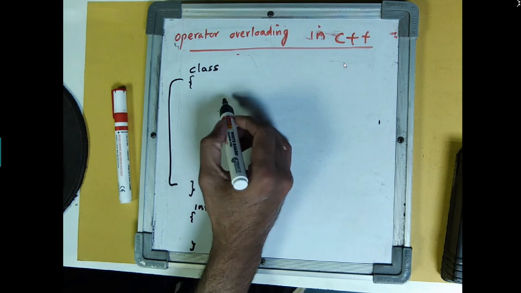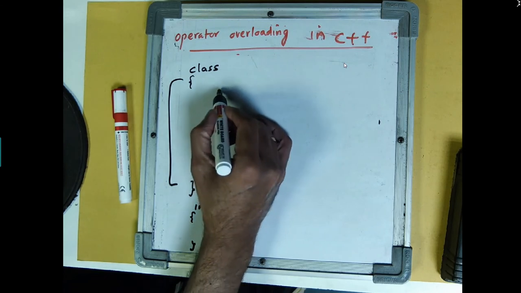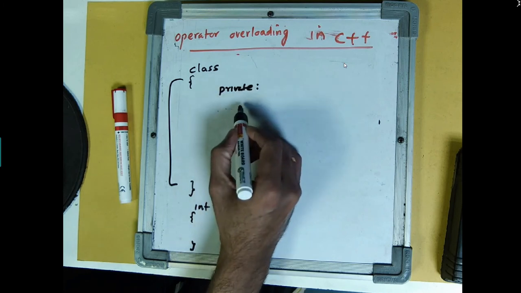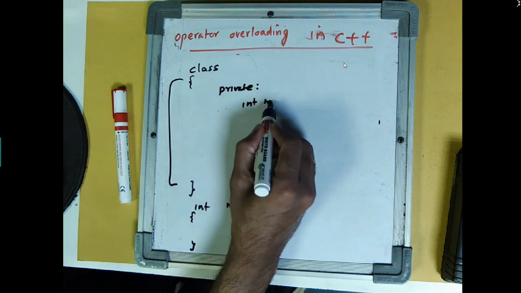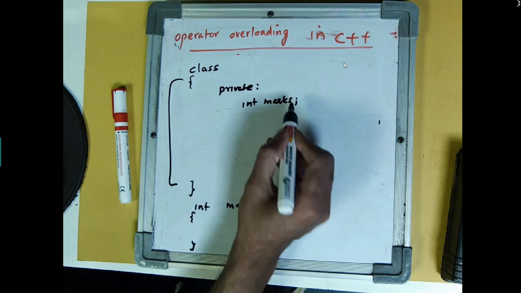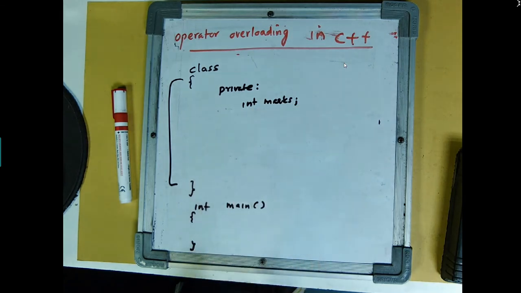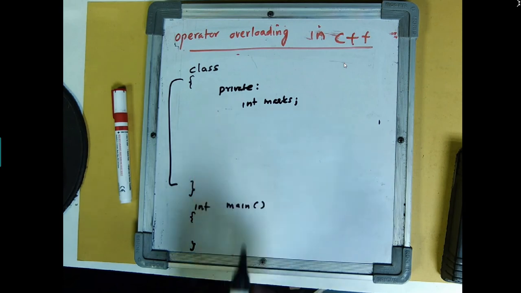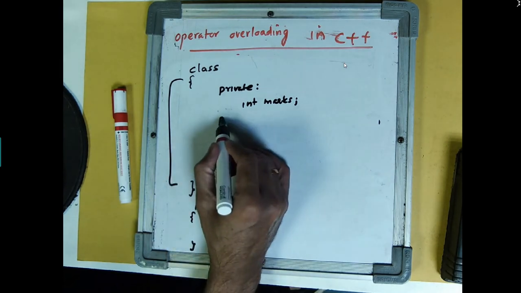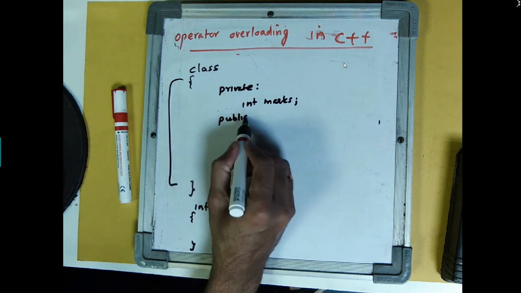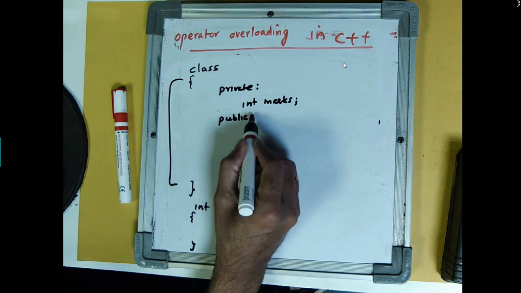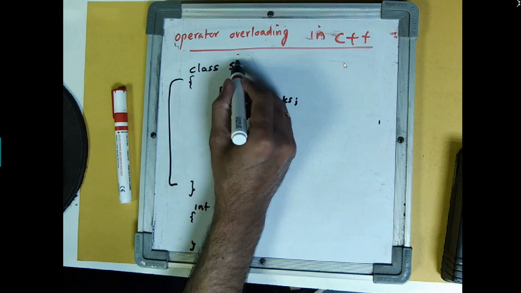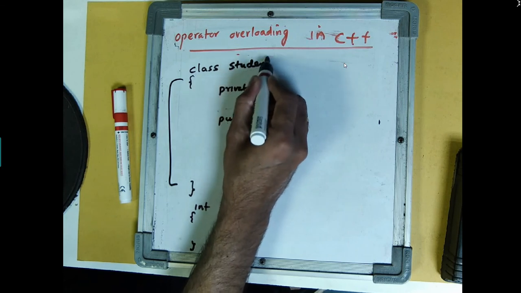So in this particular case, let us take an example in which we have some marks as a private variable. In the public section, let's say the name of the class is student.